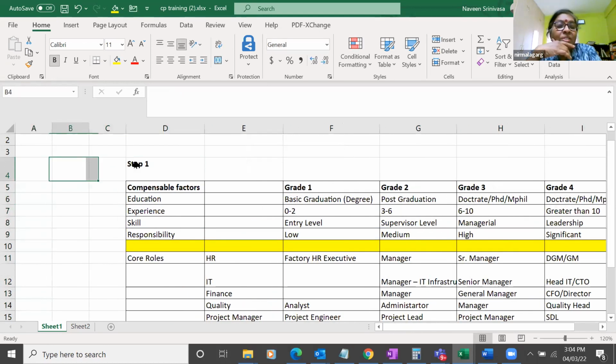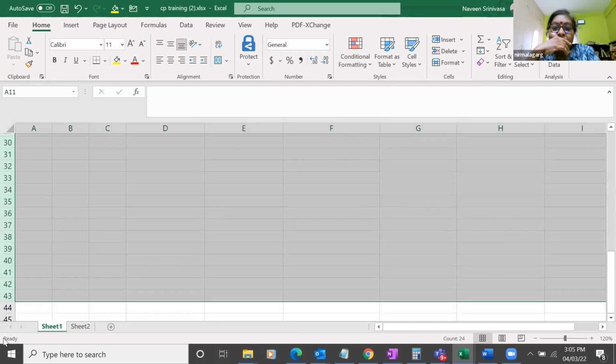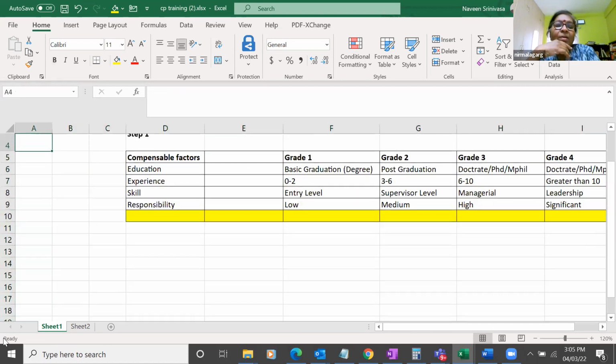Now, compensable factors, you have done education, experience, skill, and responsibility. Done. Now, delete the core rules, everything. Delete core rules totally. Done.